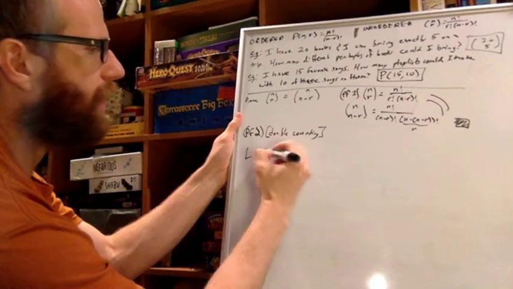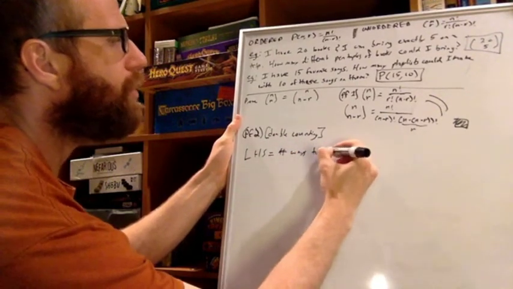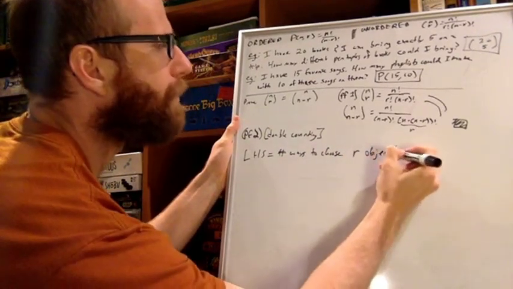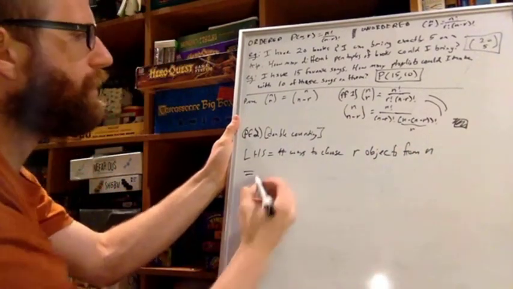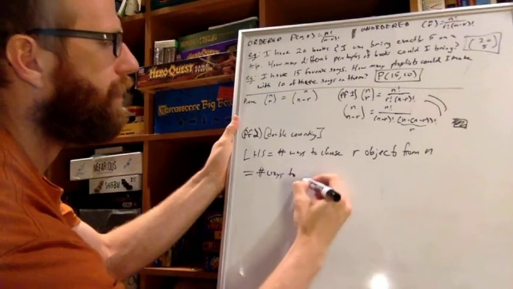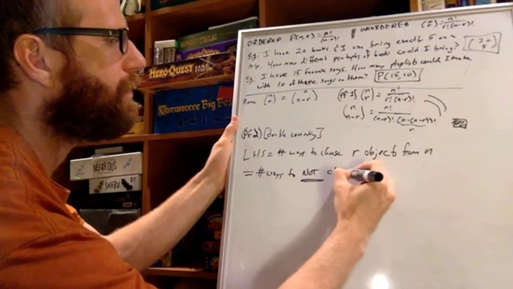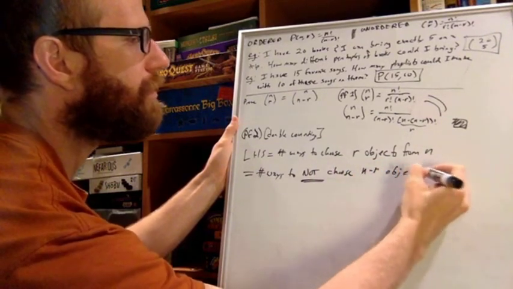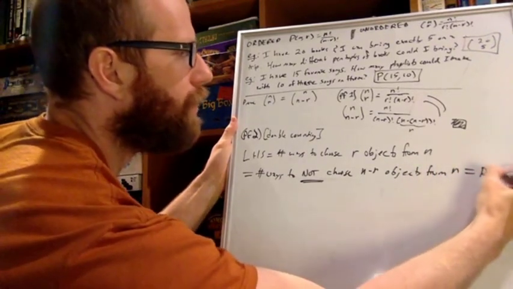The left-hand side is the number of ways to choose r objects from n, which is equal to the number of ways to not choose n minus r objects from n. But guess what? That's equal to the right-hand side.